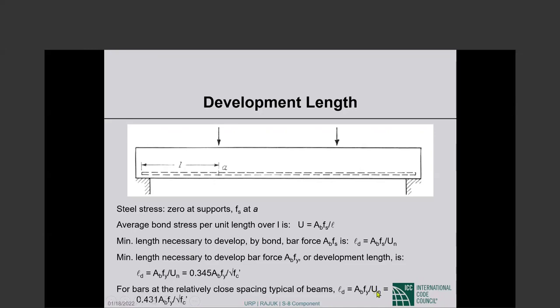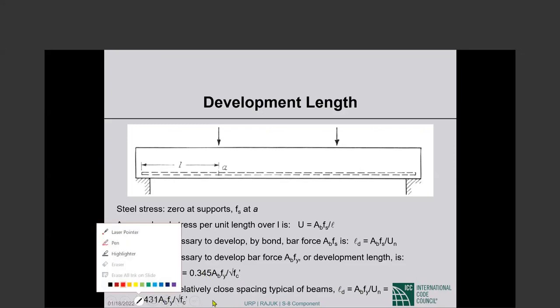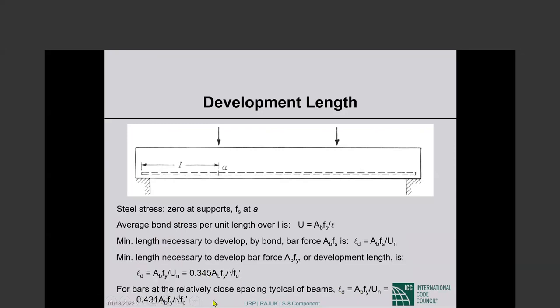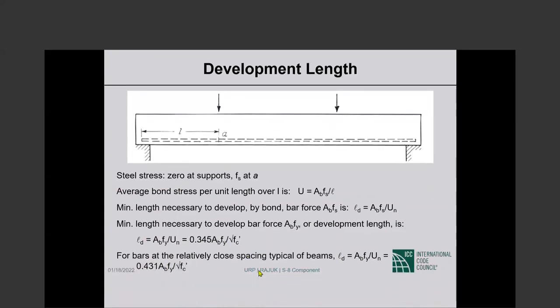Remember, if we have closely spaced bars, this U sub N is 80% of 2.9 square root of F sub C prime. So the required development length goes up by 1 divided by 0.8. If you divide 0.345 by 0.8, you get 0.431. So these are important results.